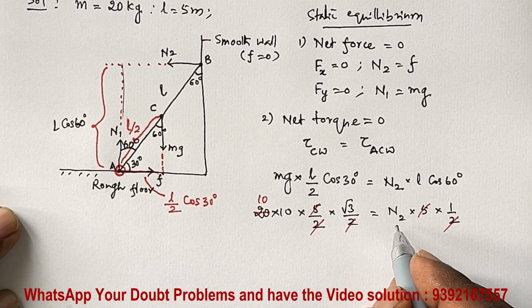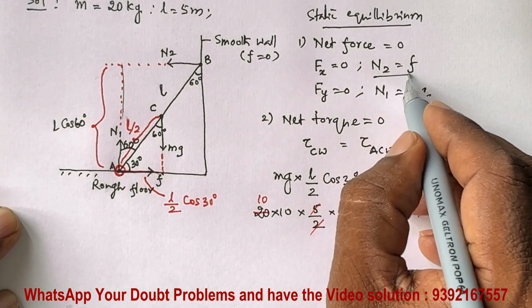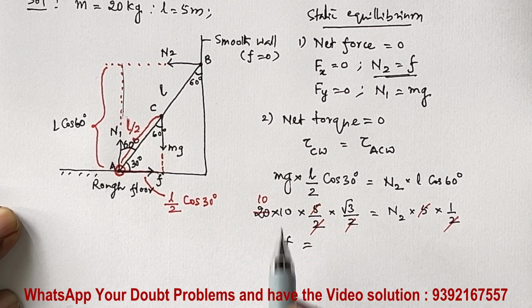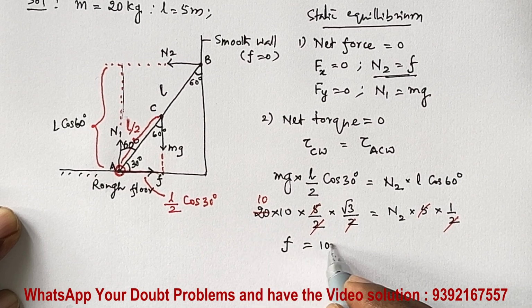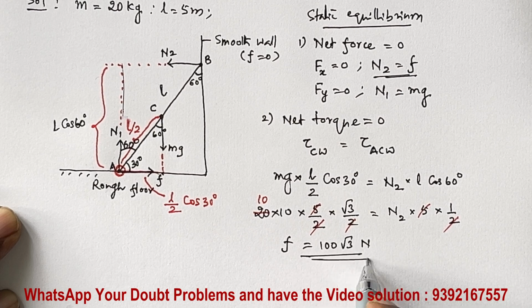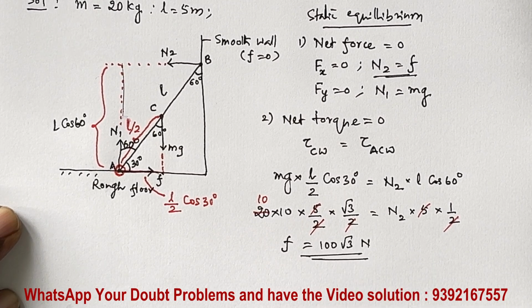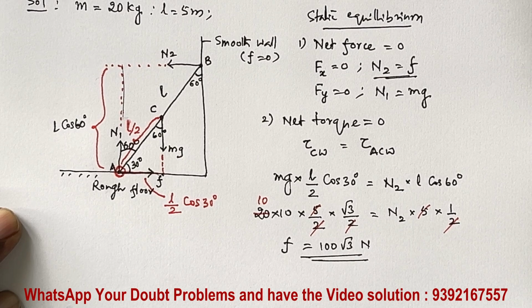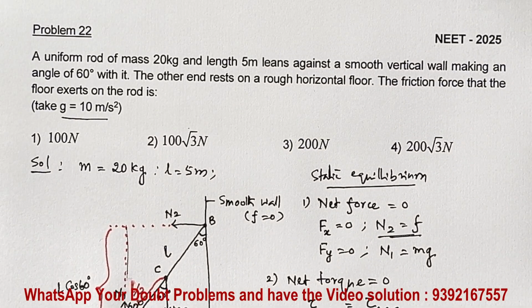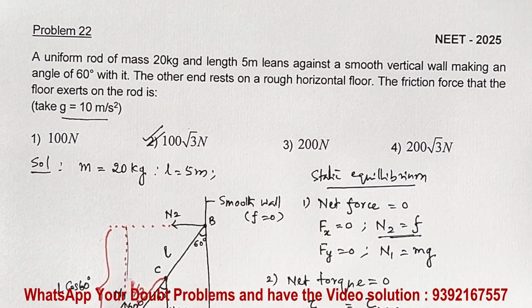But we know N2 is equal to F. So F is equal to 10 into 10, 100 root 3, force. So it is in Newton. So this is the frictional force acting on the rod. So the answer is the second option, which is the correct option.